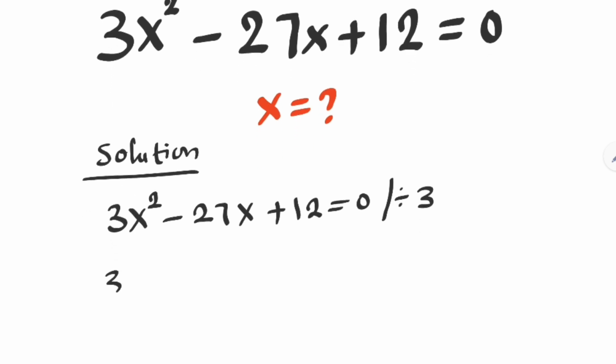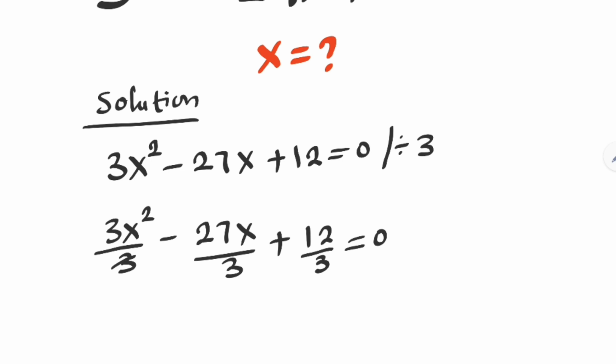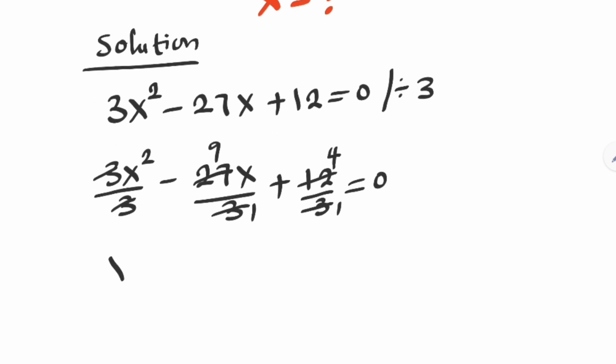Then this is 3s squared over 3 minus 27s over 3 plus 12 over 3 is equal to 0. Then we have s squared minus 9s plus 4 is equal to 0.